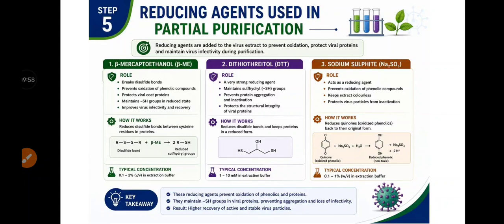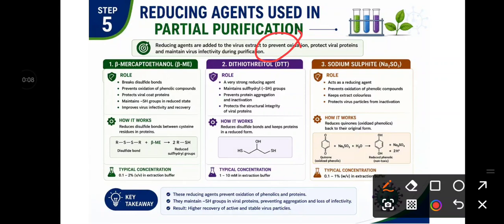So first, about the reducing agent. I have already told that a reducing agent prevents the oxidation or browning, thereby protecting the viral proteins and maintaining the infectivity during the purification process. So what are the strong reducing agents that are used? Very important is beta mercaptoethanol. This is the most commonly used reducing agent in virus purification. How does it do its role?